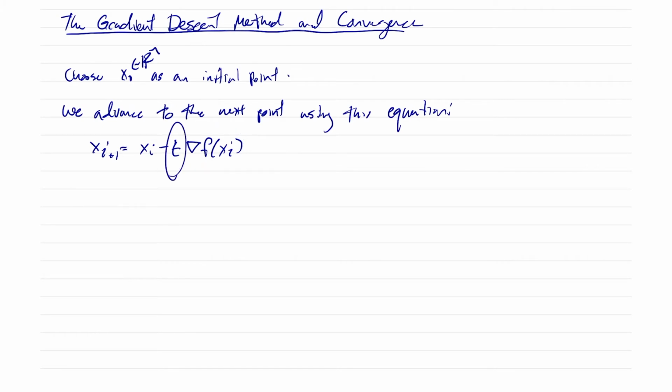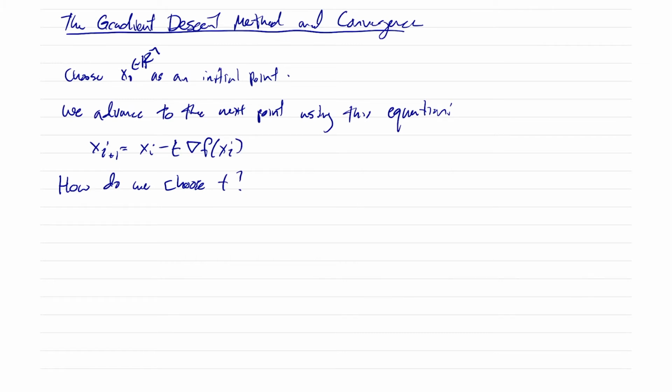And so we need to figure out what this t is. So how do we choose t? This isn't an optimization class, but I did want to talk about this because it is going to come up later when we talk about some more approximation schemes.